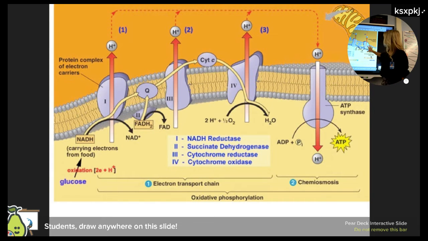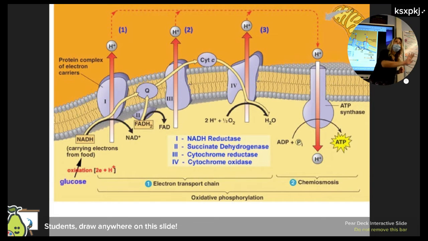As the electrons move through the electron transport chain, they go from high energy to what? Low energy. But along the way, they give some of their energies to the molecules that are holding them, specifically reductase and cytochrome oxidase, who can use that energy to take hydrogen ions from the matrix and put them into the intermembrane space, right?